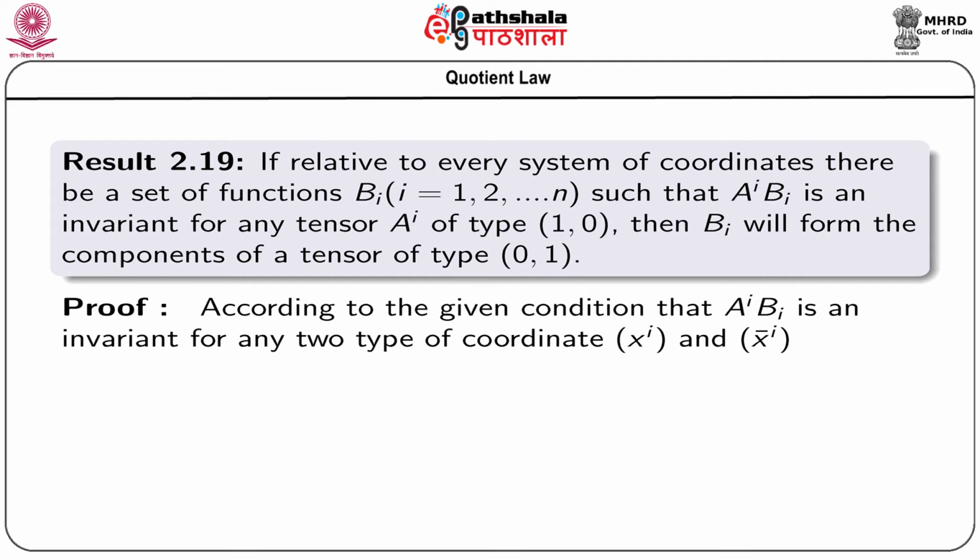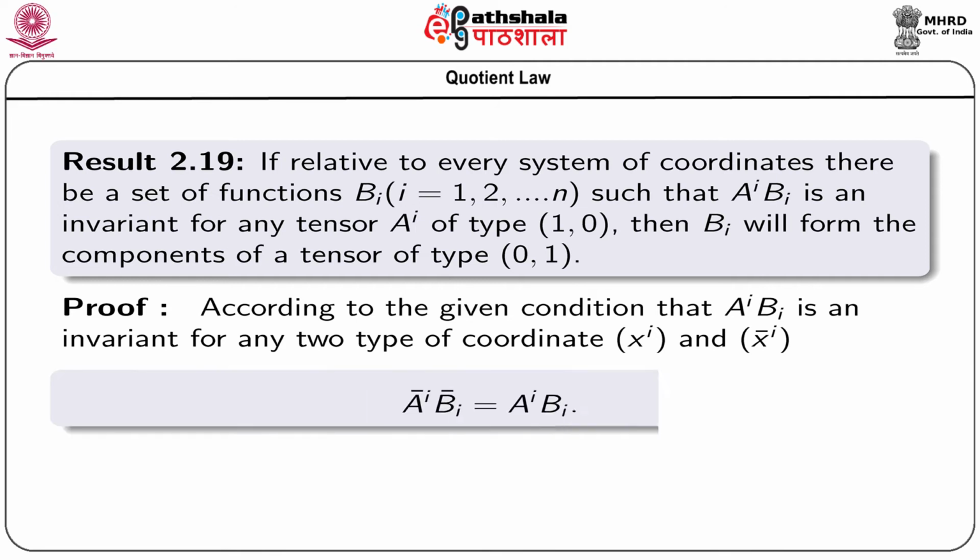Now, according to the given condition that Ai Bi is an invariant for any two types of coordinates xi and x bar i, we have A bar i B bar i equals Ai Bi. As the product is invariant, it is the same for all types of coordinate systems. So, we can write 6.